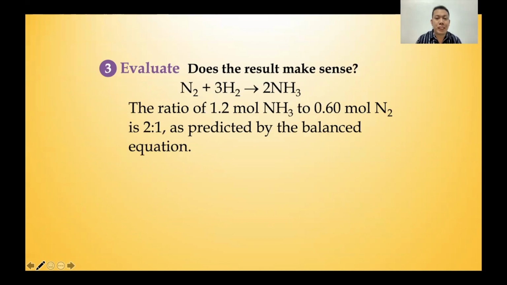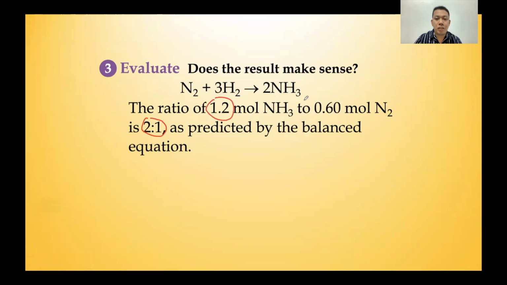Does the result make sense? The ratio of 1.2 mole NH3 to 0.60 mole N2 is 2 is to 1, as predicted by the balanced equation. Why? Our ratio is 2 is to 1, and our mole of ammonia is 1.2.